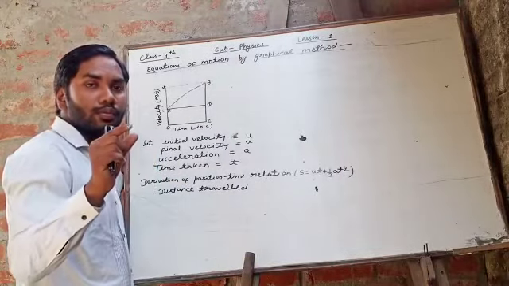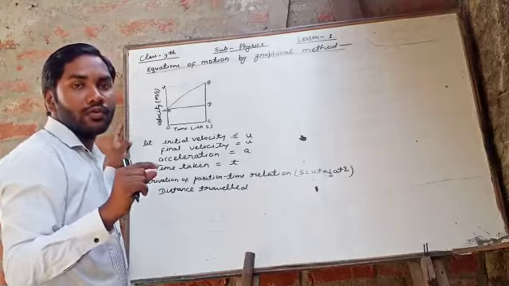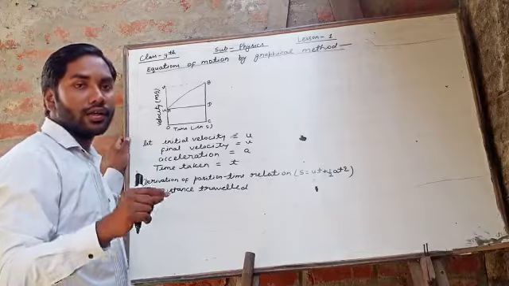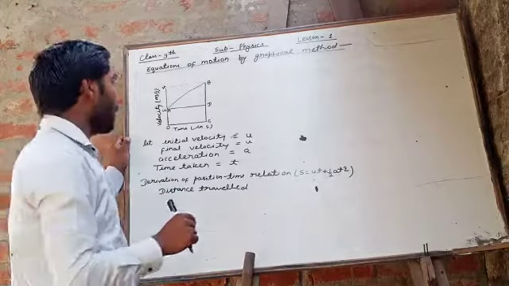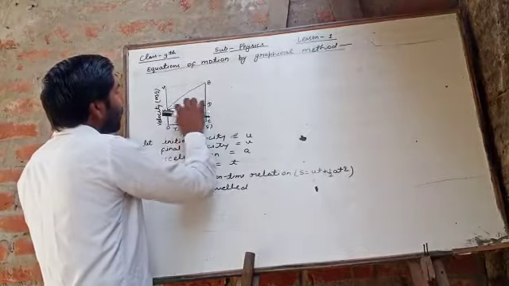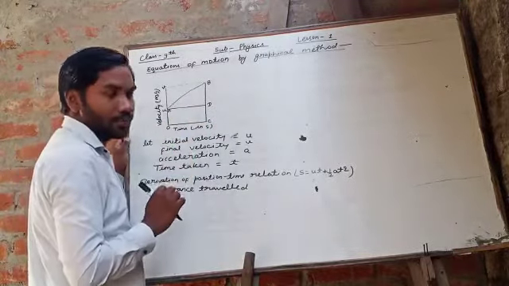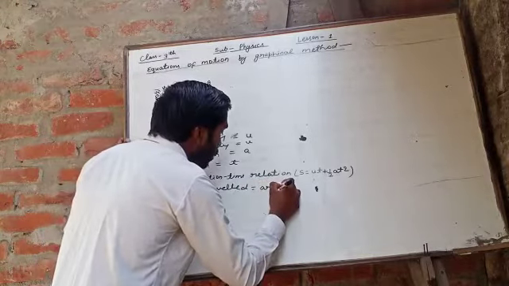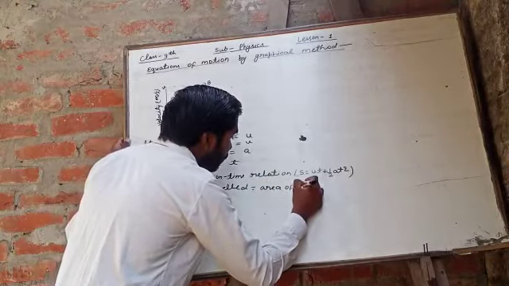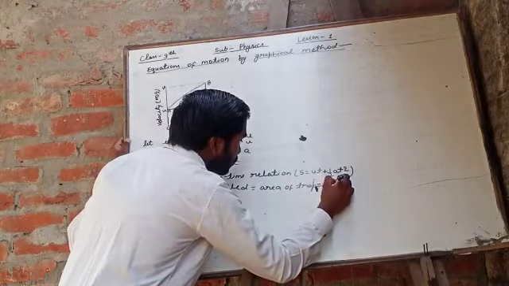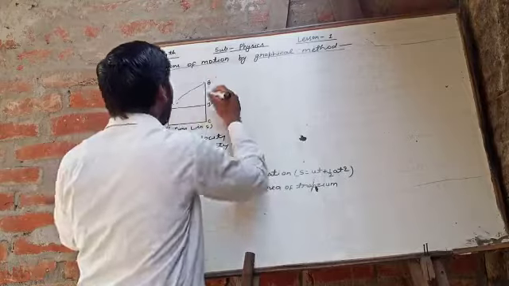A trapezium is a quadrilateral where one pair of sides is parallel and the other pair is non-parallel. So you can see this one pair is parallel and this one is non-parallel. So the distance traveled is the area of trapezium OABC.